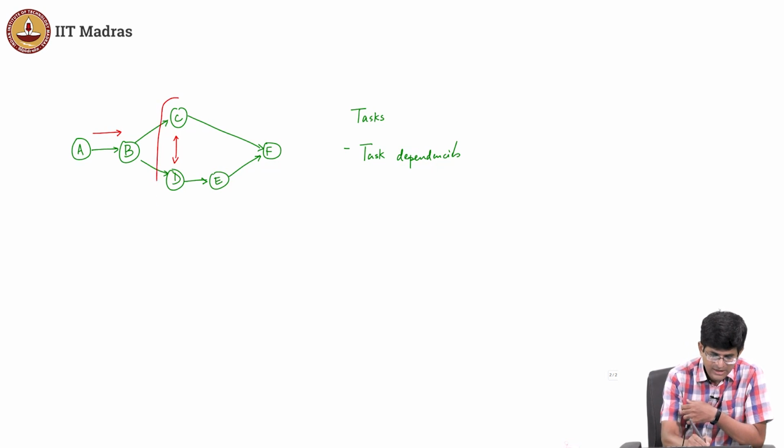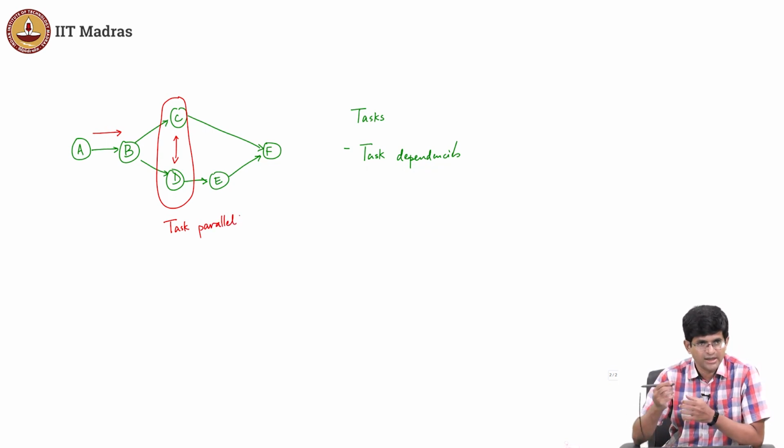So, effectively, in other words, I could probably say that these two tasks are parallel or could be potentially run in parallel, okay. That does not mean necessarily that they actually run in parallel, it is just potential, right. I can do it in parallel, I do not care about the order in which I do C and D. As long as both of them happen after B, that is all that I care about, okay.